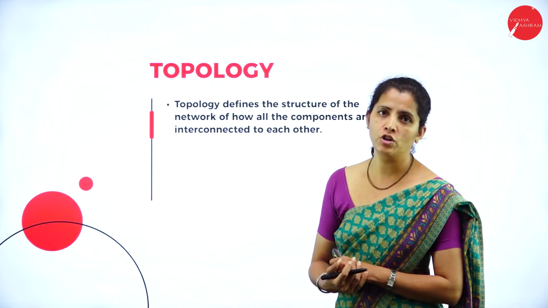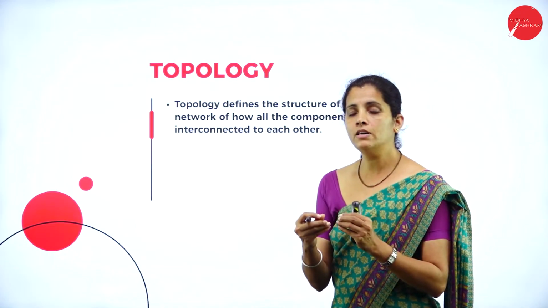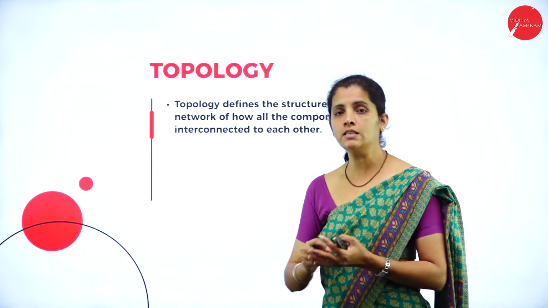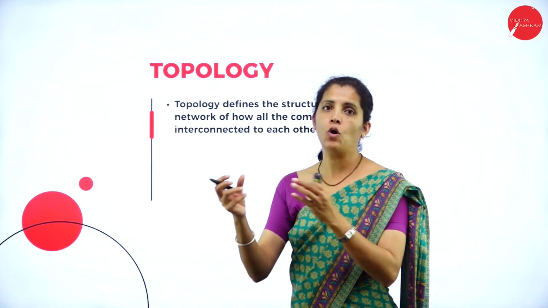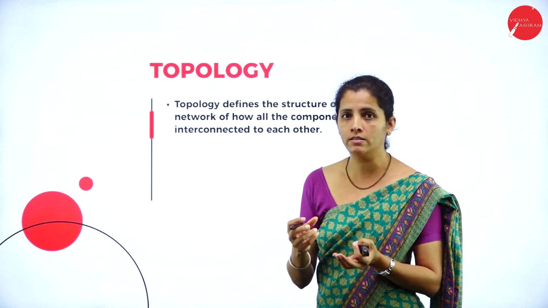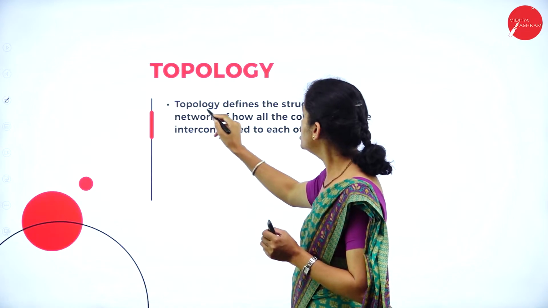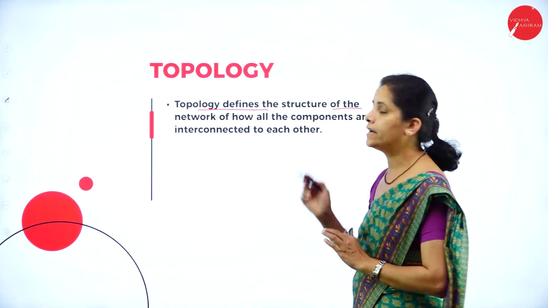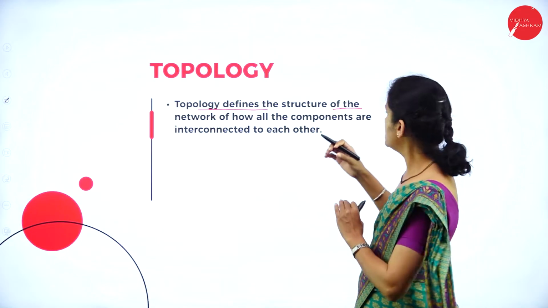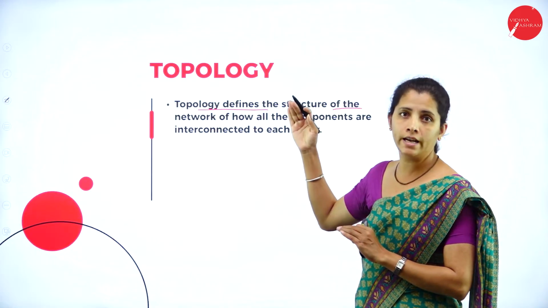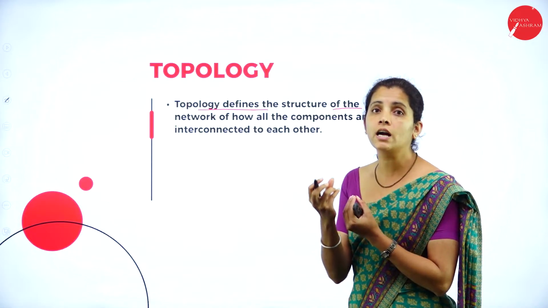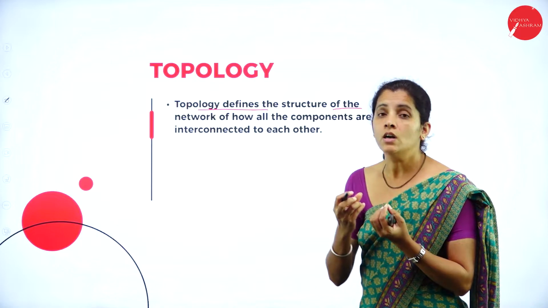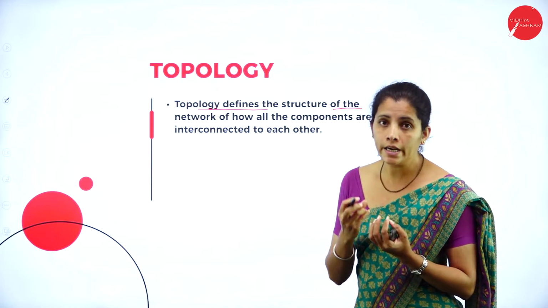What is topology? In simple words, it is nothing but the arrangement of computers, in the sense how I'm going to arrange all the computers together. So topology defines the structure of the network, in the sense how the computers are connected to each other, or how the nodes are related or arranged with each other.